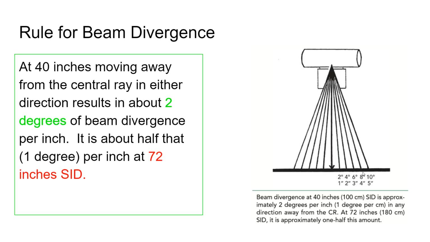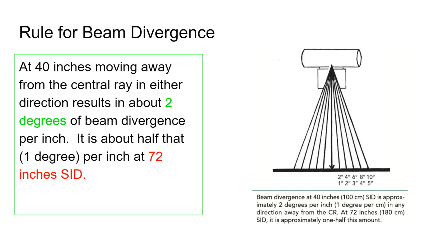If you are at 72 inches, everything is cut in half, right? So you would be off 4 degrees. That's the easier one to remember. Every inch is 1 degree. So we are facing lots of issues with our images.